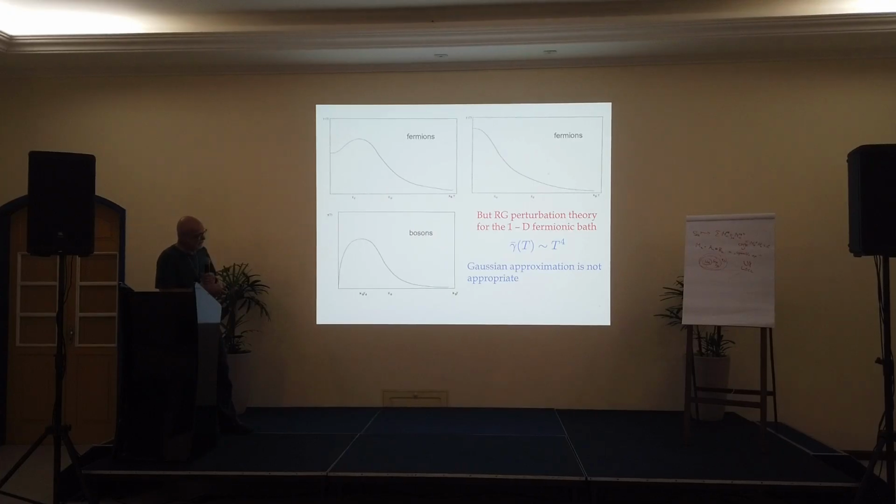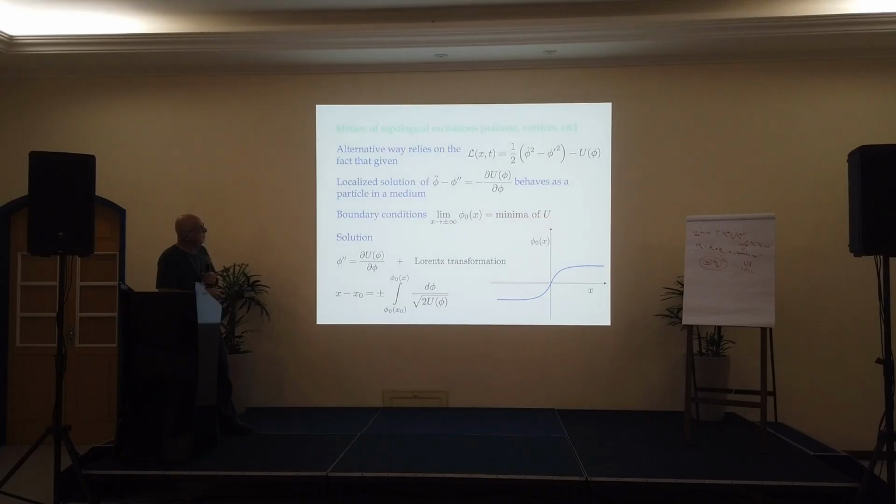Then we can start to have other approaches to it, and a model very similar to the one I just showed you is the following. Let's take a sort of field theoretical model, a scalar field in a potential like a φ⁴, for instance.